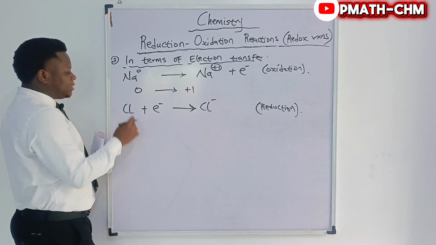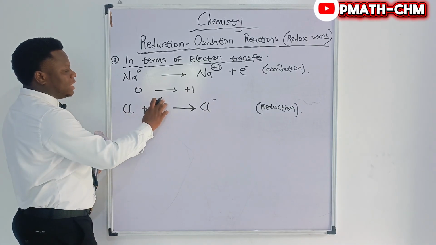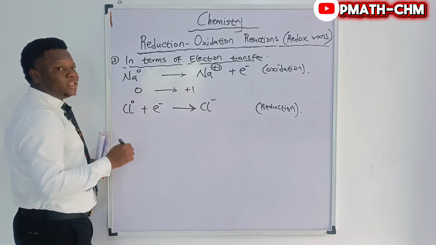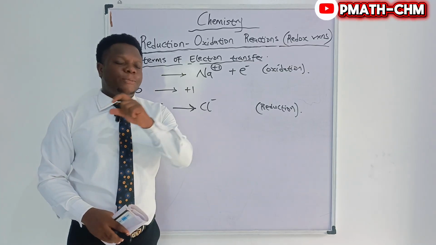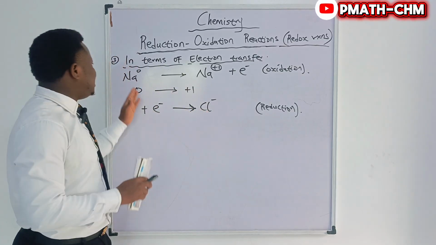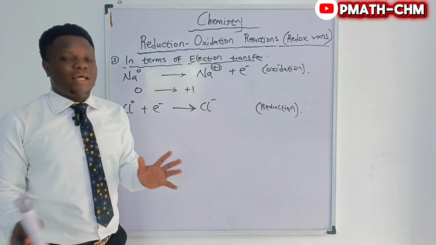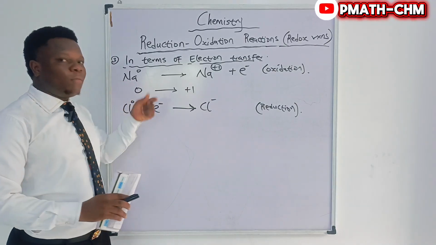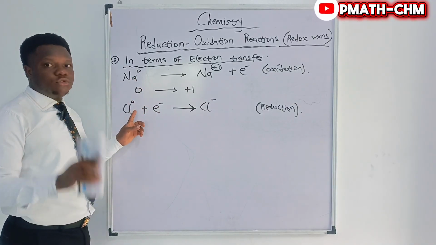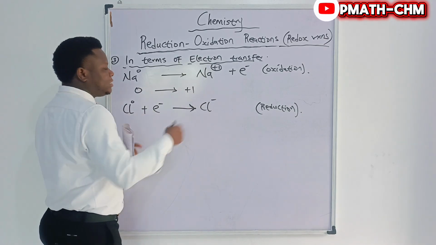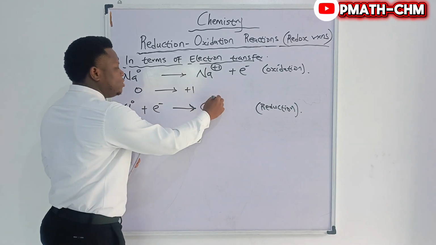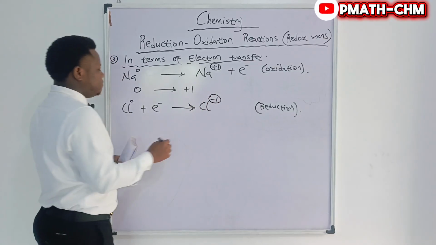Now, what do you notice? Before chlorine accepts this electron, the oxidation state is 0. Take note, the oxidation state of an element in the free state, meaning when that element is not bonded to a different element, is always 0. That is a rule you should always know. So when chlorine accepts this electron, it acquires a -1 charge.